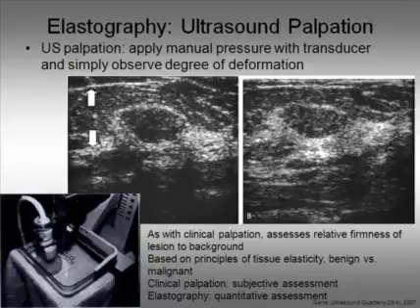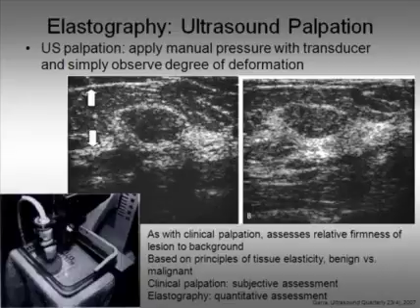Now, elastography is kind of like ultrasound palpation. In other words, as with clinical palpation, where we are assessing the relative firmness of normal and abnormal tissue, with elastography, we're using ultrasound to assess relative firmness of a lesion against background breast tissue.